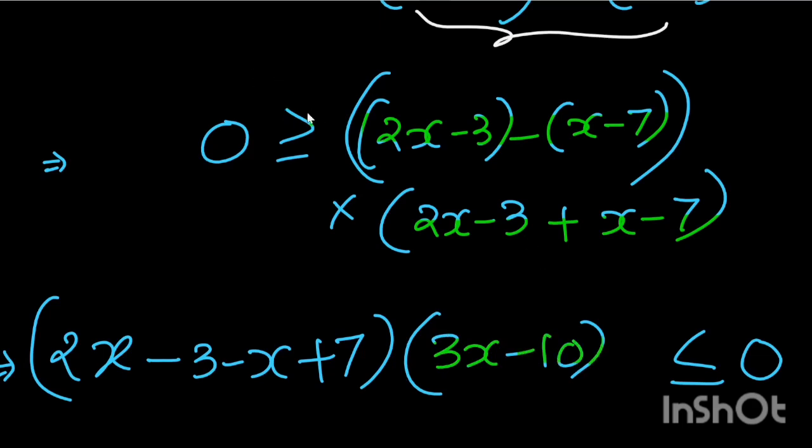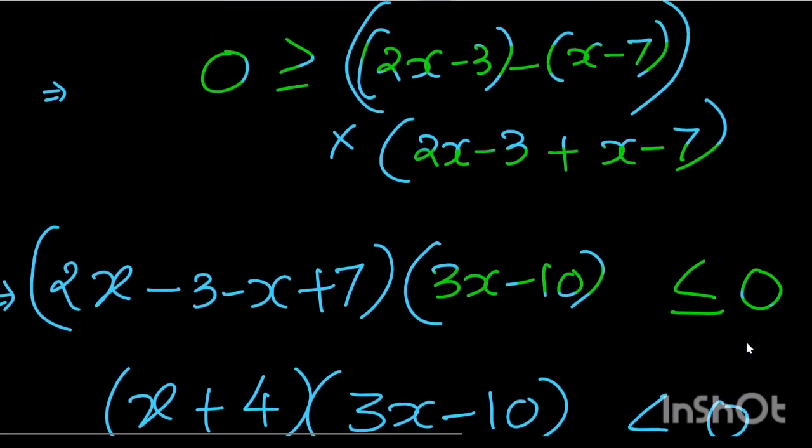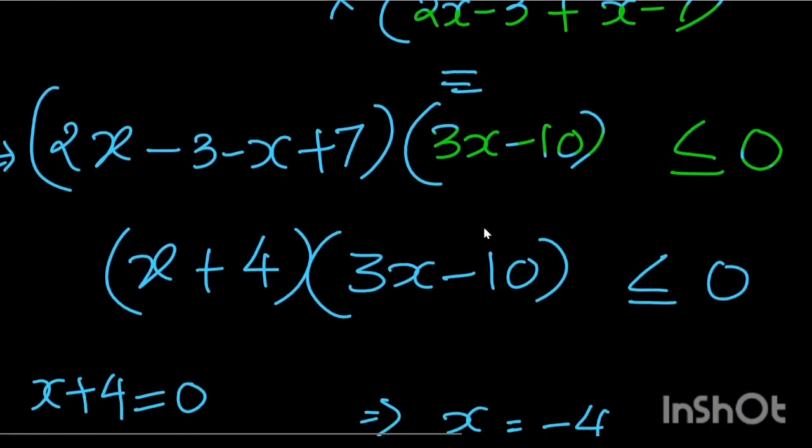So this was greater than equal to 0, so here it would be less than equal to 0. We simply interchanged it, because these two ways of writing are the same, guys. So 3x minus 2x minus x is x, minus 3 plus 7 is 4. This is as it is.